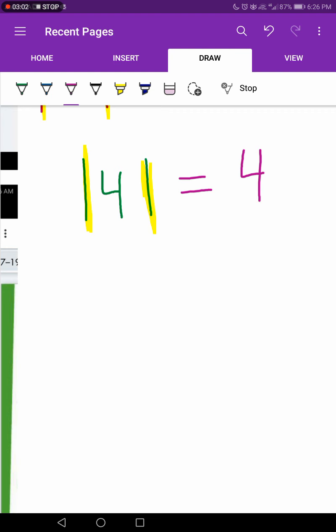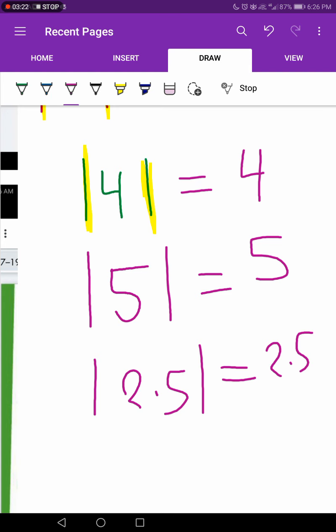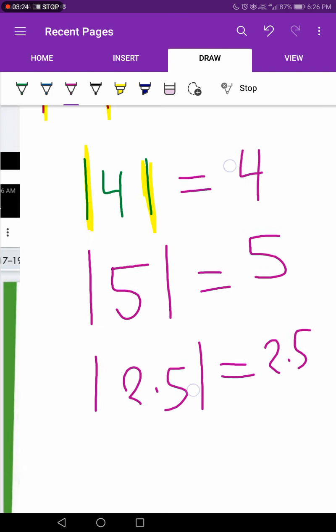We change nothing, teacher? Yes, you don't change anything, you keep it positive. So the positive number stays a positive number, and the negative number changes to a positive number, and this is easy.